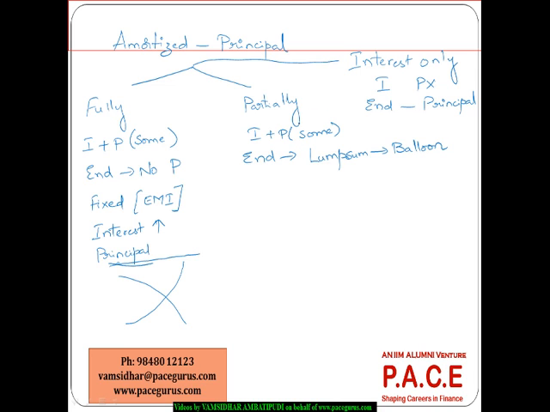Or in some cases, there could be a combination. Probably it may say that for the initial 5 years, it's an interest only loan, and after that, for the next 20 years, the principal is amortized. They could say that it is partly amortized, or they could say it is fully amortized.